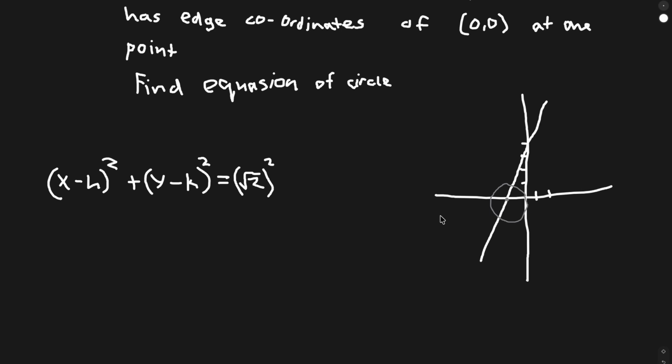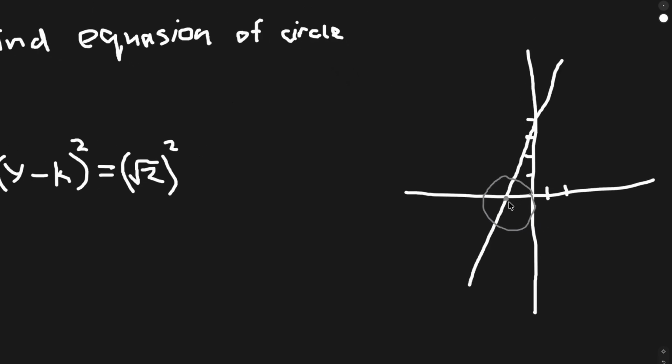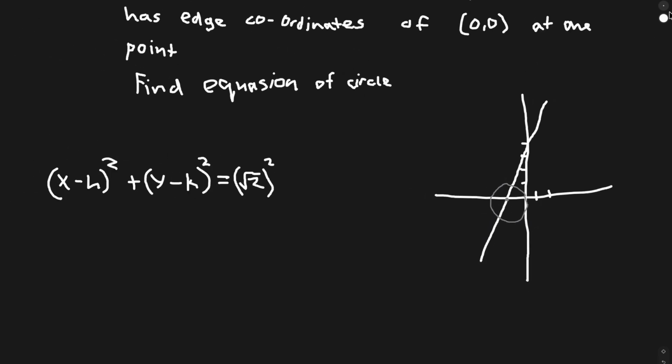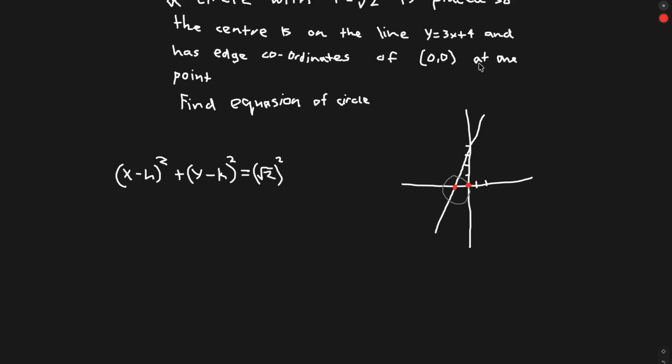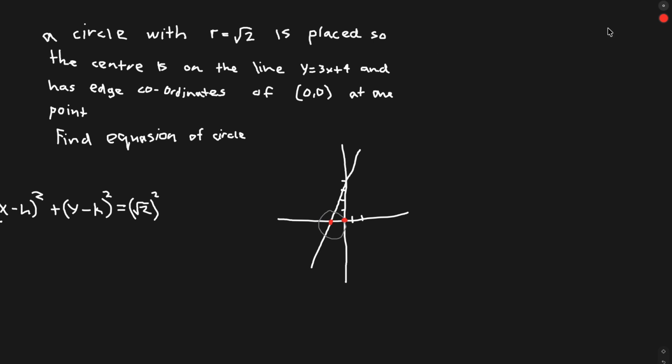So we know that the distance between this point here, put this in like red, we know that the distance between this point here and the center needs to be root 2 and lie on this line. So do some working out over here.